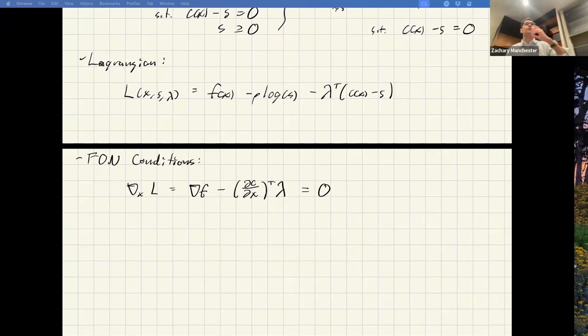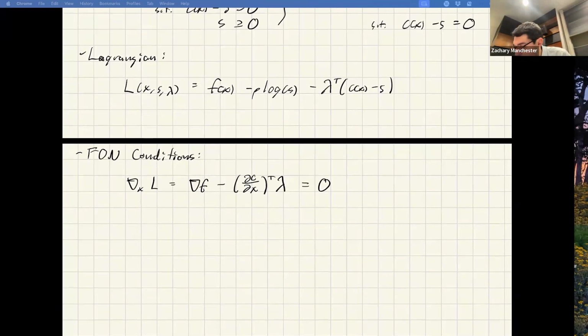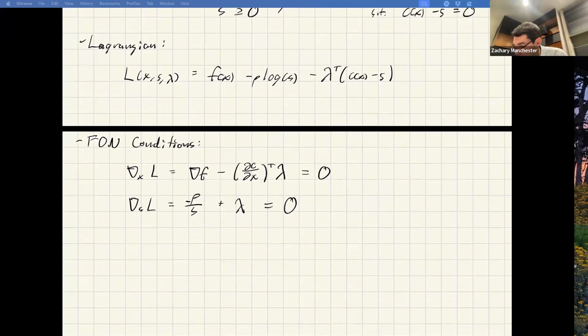So this is stuff we've seen, right? No problem. Now I'm going to do gradient with respect to s. This is going to be minus rho over s plus lambda equals 0. Everyone cool with that? And then the last one is gradient with respect to lambda, which is just spitting the constraint back at us. So s minus c of x equals 0.